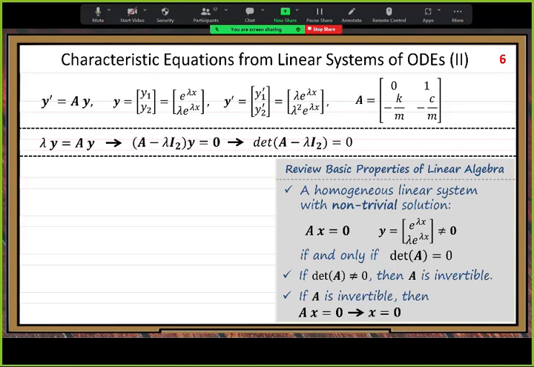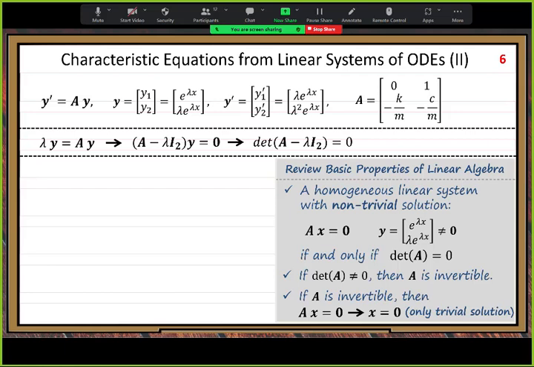When an invertible matrix multiplies a vector and equals 0, you can multiply its inverse on both sides. If x equals 0, then we only have the trivial solution. That means if the determinant is not equal to 0, you only have the trivial solution. You don't have a non-trivial solution.